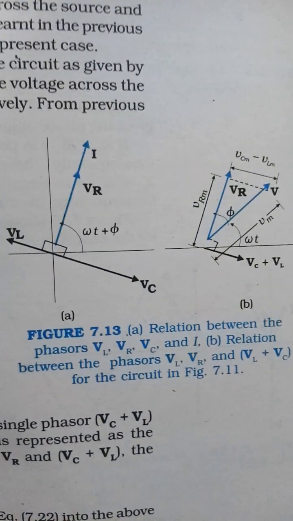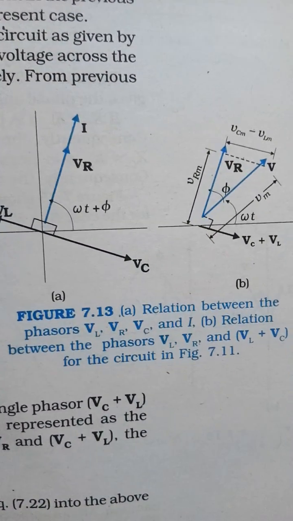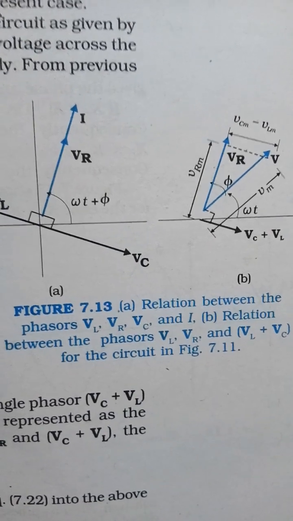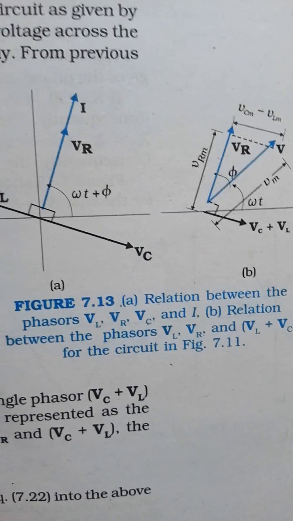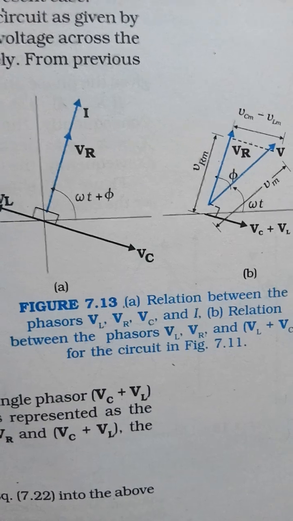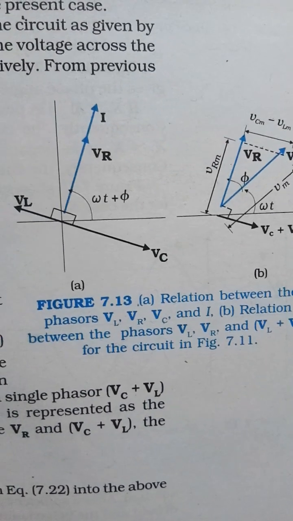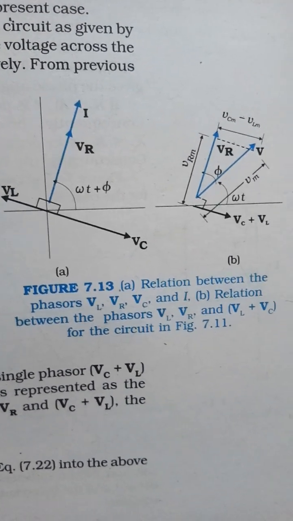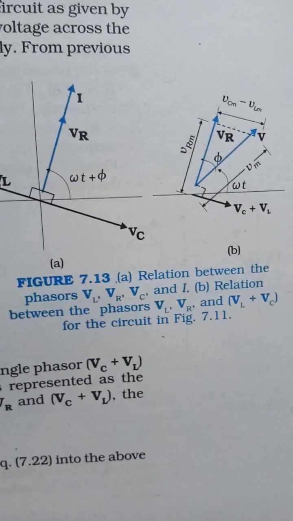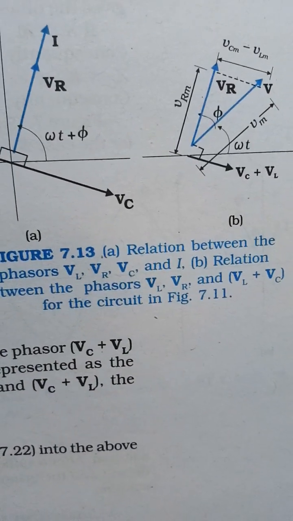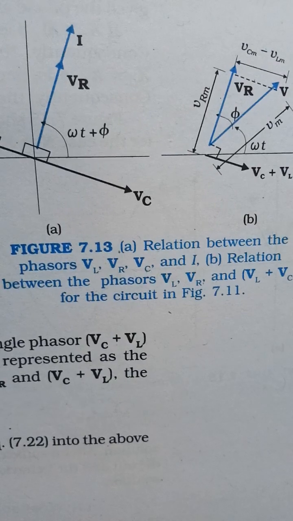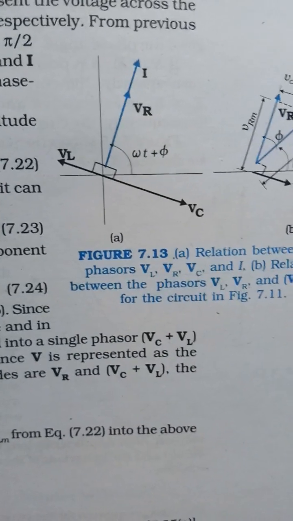Here you will see the phasor diagram solution. As you know, this shows the relation between the phasors VL, VR, VC and I for the circuit in figure 7.11.